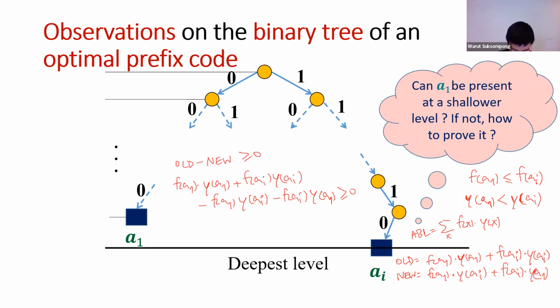Now you can see that this expression factors. This is a pretty standard argument with the greedy algorithm: we make a swap, and then we show that the swap leads to something better.